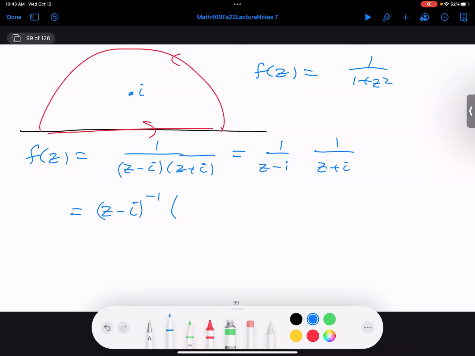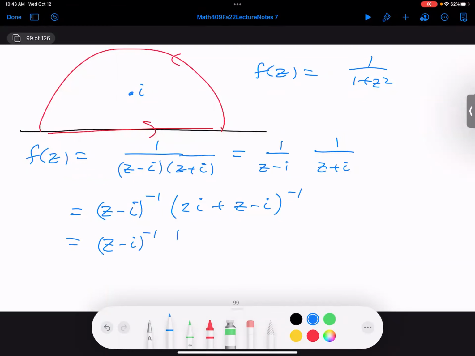And I can write z plus i as z minus i plus i plus i, right? So I can write this as 2i plus z minus i, right? I can pull out a 2i, and so I get (z minus i) inverse.